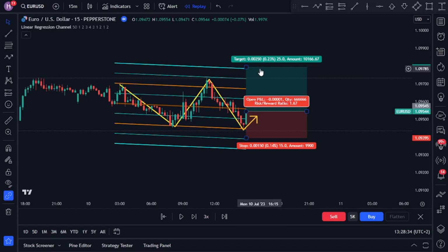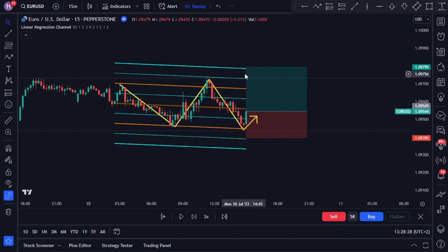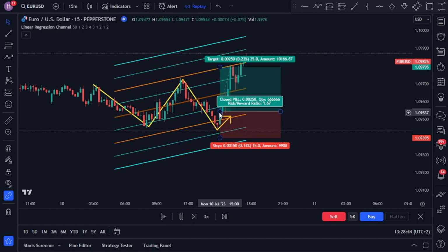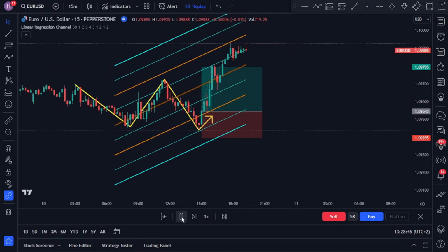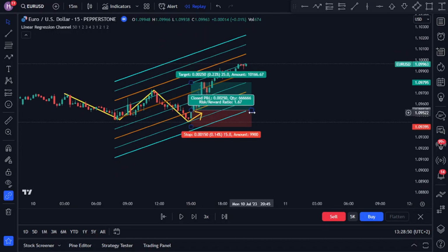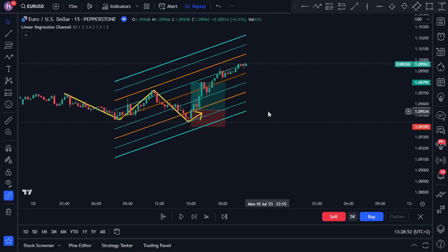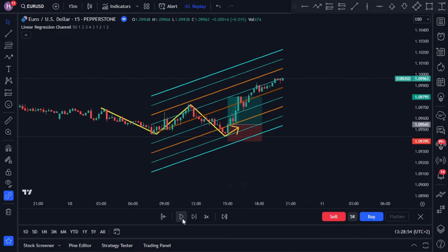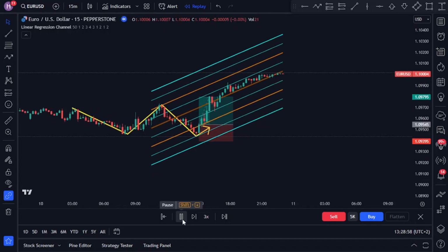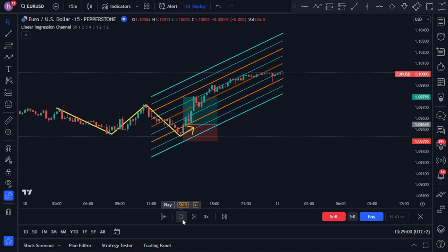For this trade example, I'm going to set my stop loss at 15 pips and aim for the take target of 25 pips. As the trade plays out, you will notice these support and resistance lines are dynamic, meaning they constantly adapt to market movements as they happen. So you can be sure it gives you the most accurate entry and exit signals.